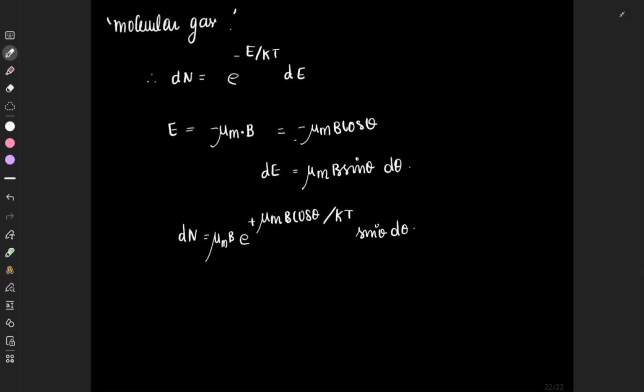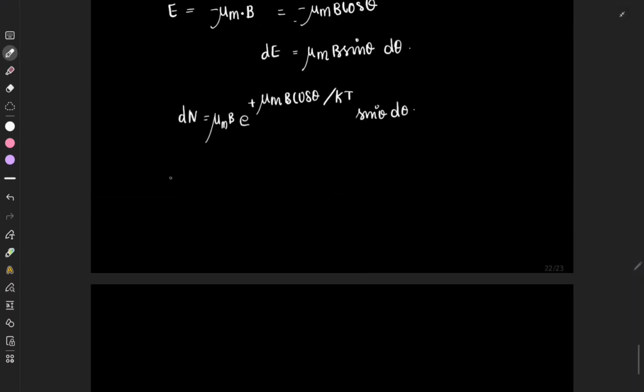Here mu_m B by kT, without the cos term, is assumed to be alpha, and mu_m B is assumed to be C. Rewriting the equation, we get dN is equal to C e raised to alpha cos theta sin theta d theta.